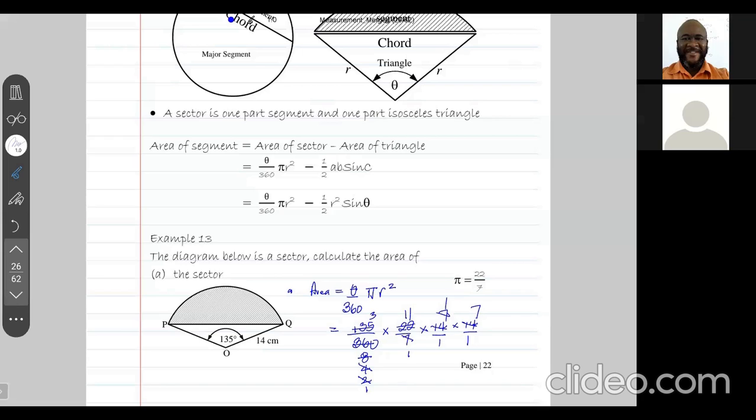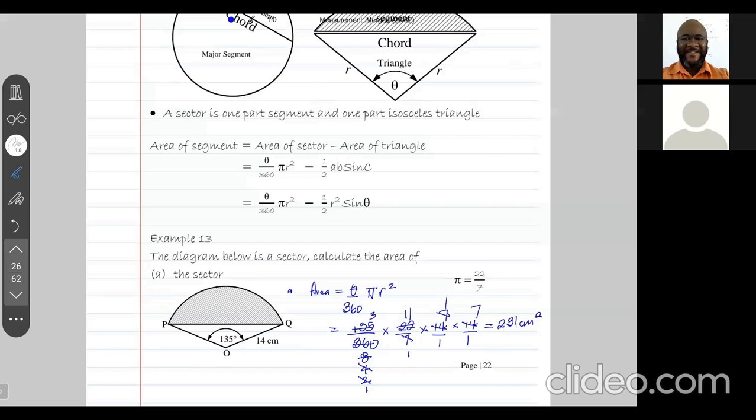So the area here is 3 times 11 times 7. And so the area of this entire sector, POQ, is 231 centimeters squared.